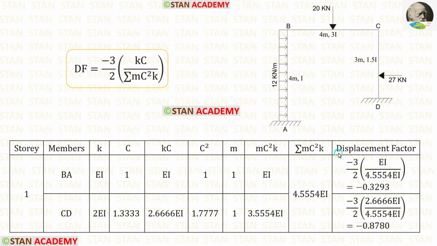Now let us find the displacement factor. The formula is minus 3 upon 2 into Kc upon sigma MC square K. We have already calculated Kc and sigma MC square K values. After applying the values inside the formula, we are getting the displacement factors.